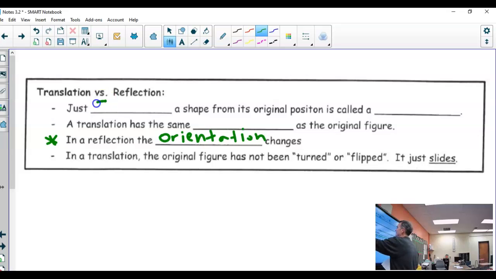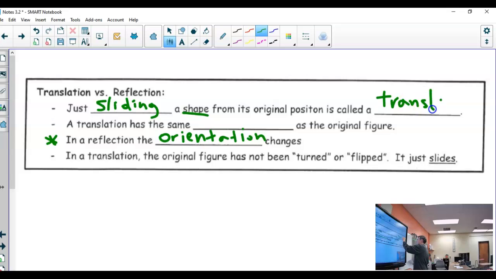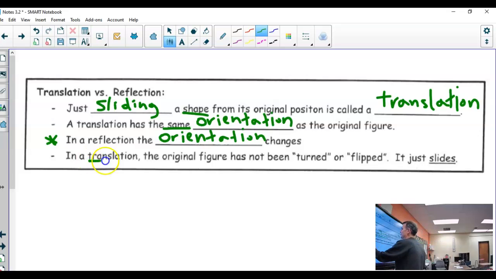A translation, just sliding a shape from its original position, is called a translation. I hope you remember that from last year some. A translation has the same orientation as the original figure. In a translation, the original figure has not been turned or flipped, it just slides.